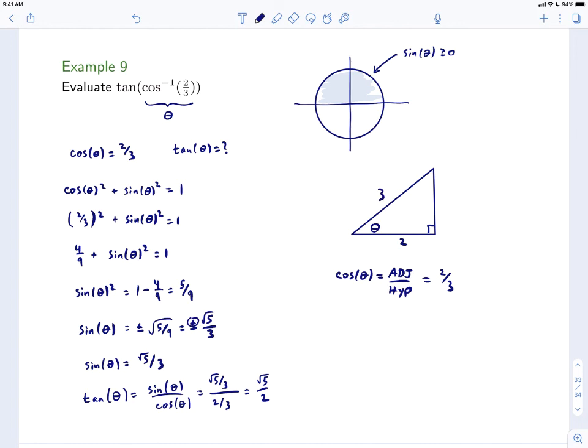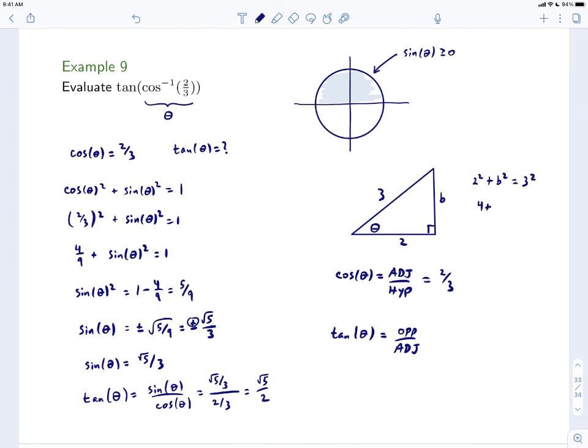So we just have to determine what tangent is. Well, tangent of theta is opposite over adjacent. So we just need to figure out what this opposite side is. We need to complete the triangle. So this can be b, for example. Using the Pythagorean theorem, we have that 2 squared plus b squared is equal to 3 squared.